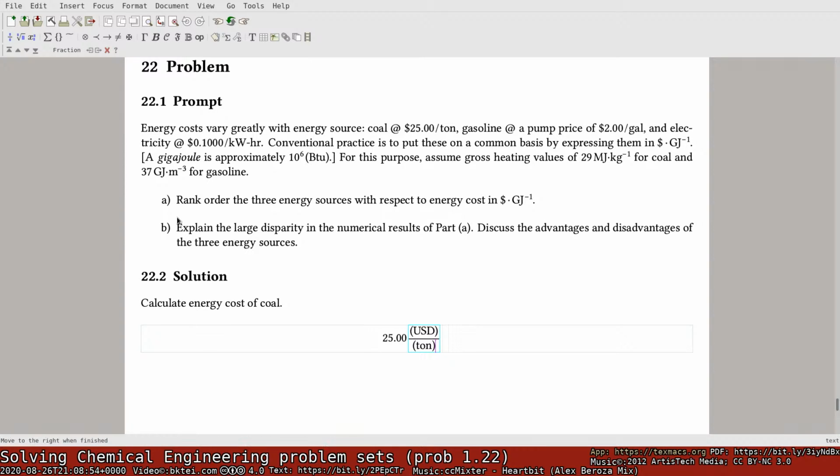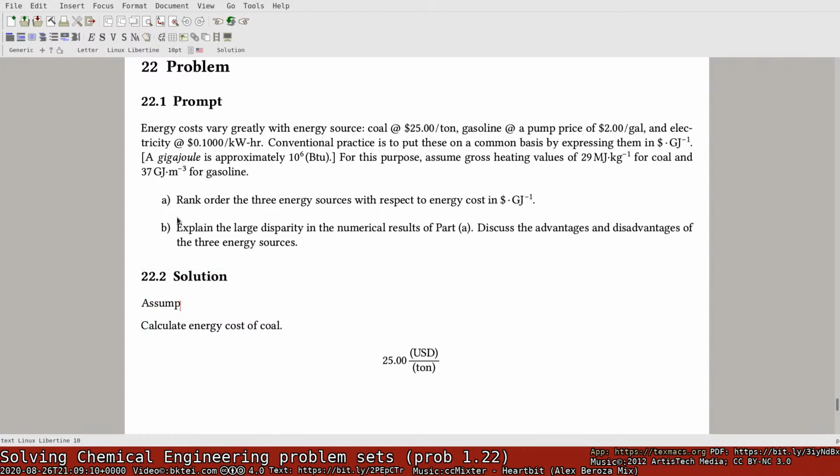I don't know. These are all just kind of weird. Let's just go with metric ton. Assumption: ton means metric ton, which is 1,000 kilograms.